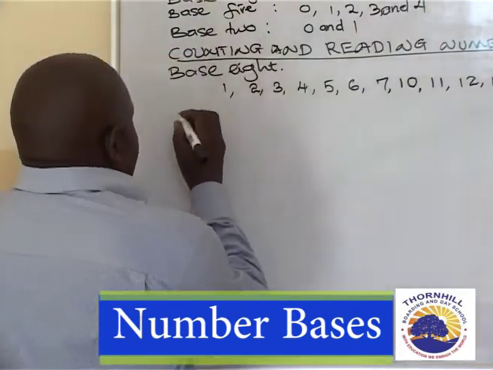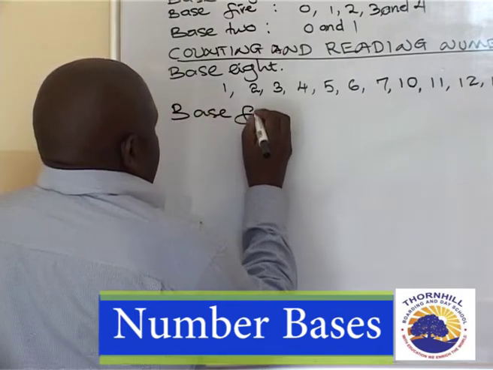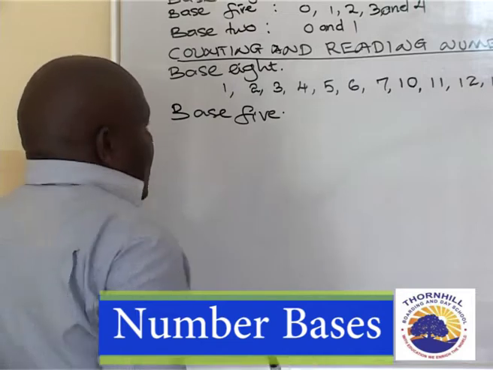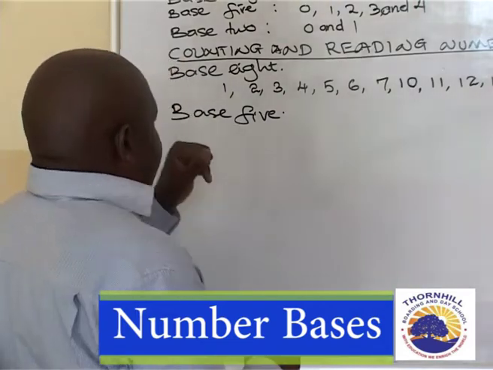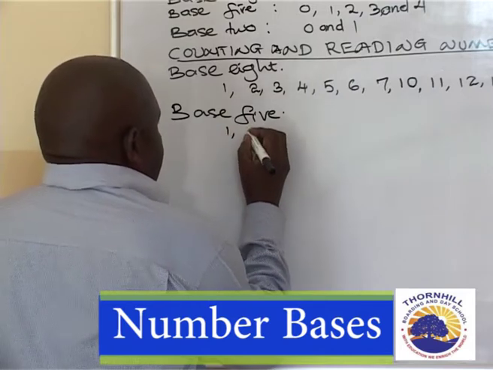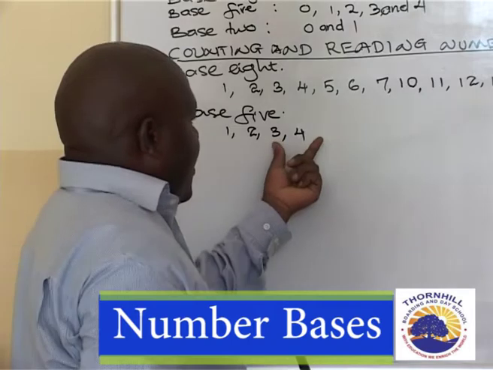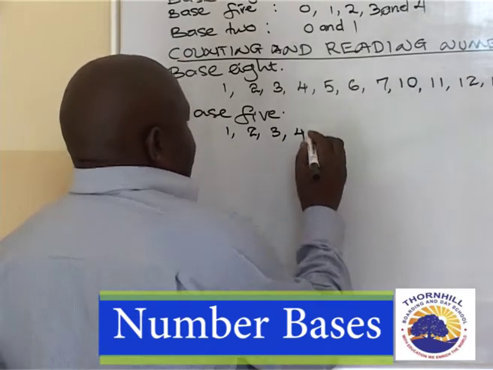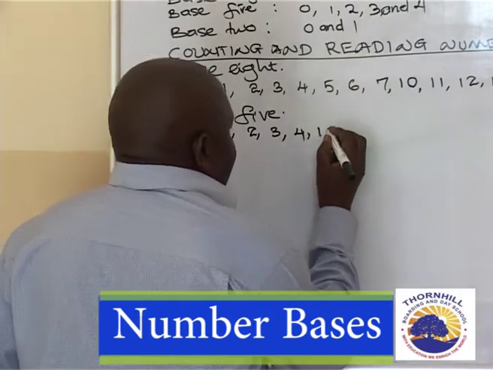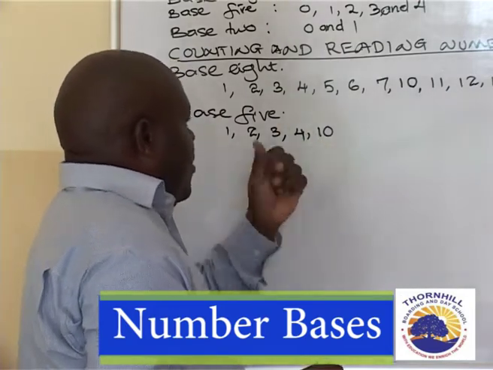Let's look at base 5. We said when counting, we start with 1 and not 0. So we say 1, 2, 3, 4. 4 is the highest. For the next one, we form the group, so we write 1, 0, which simply means 0 ones and 1 group of 5.